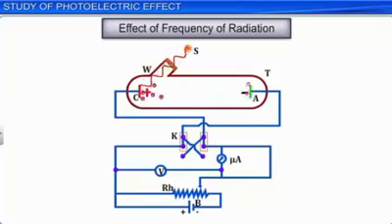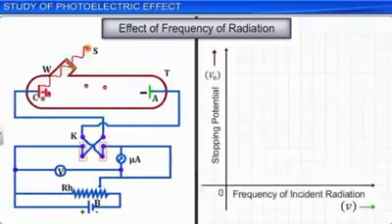Threshold frequency ν0 is the minimum frequency of the incident radiation required to just cause photoelectric emission from a metal surface. The threshold frequency is different for different materials of the emitter.